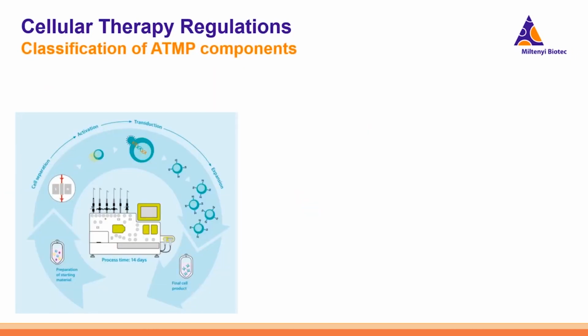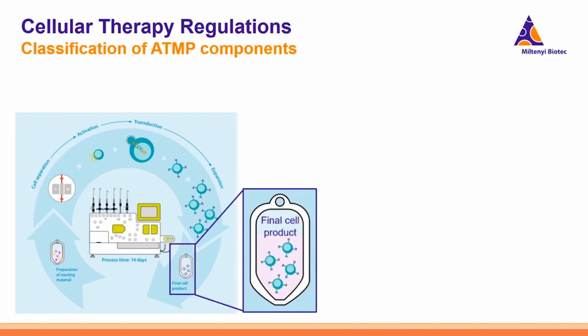So when you're talking about a cellular therapy, there are different kinds of materials involved. What you can see here is a schematic depiction of the workflow on a CliniMACS Prodigy. You start with your blood product, then you have several modification steps, and in the end you have a final cellular product.